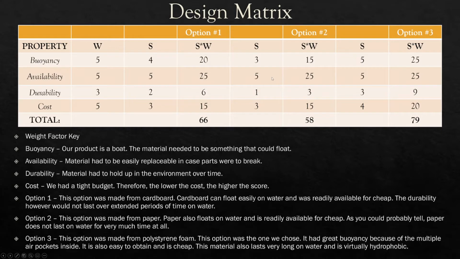The next property is availability. Availability is just there so parts were easily replaceable if something were to break.